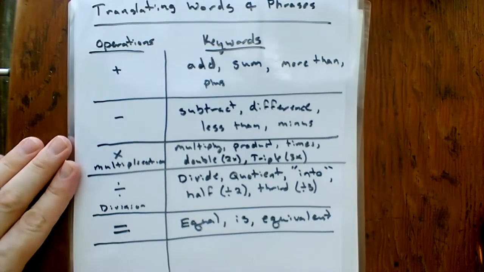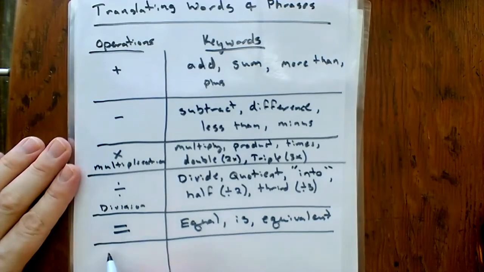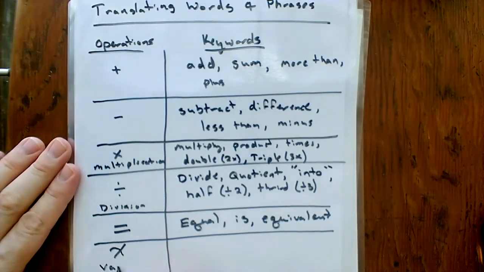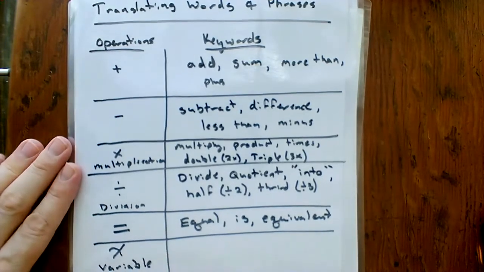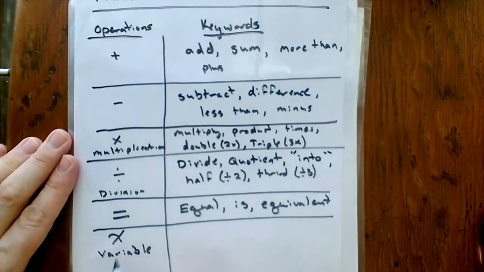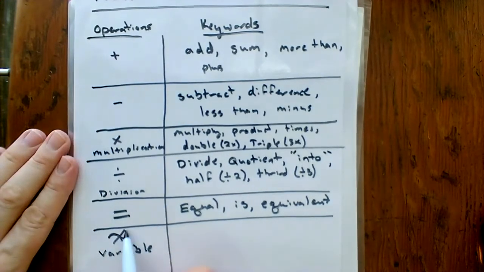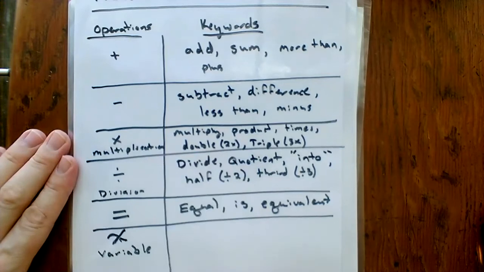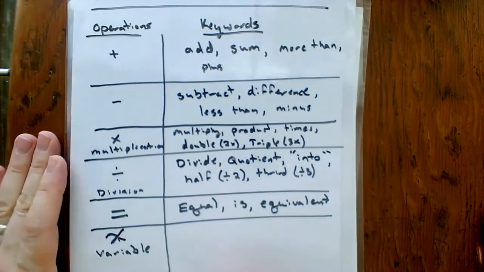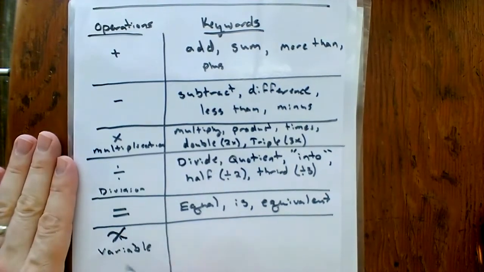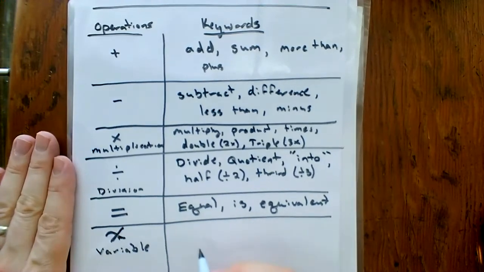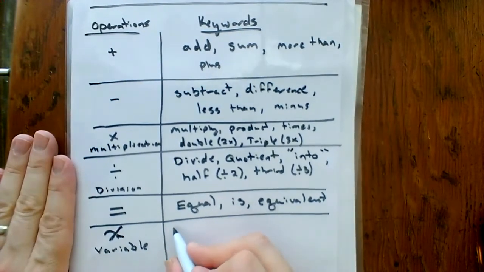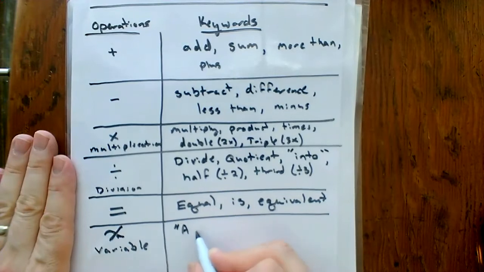And last but not least, we should also talk about our variable. And notice I always try to use a script letter whenever I'm writing a variable as opposed to the X for multiplication. So a variable, you're going to sometimes run into a number.